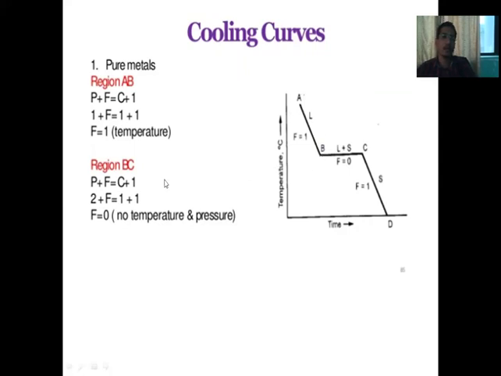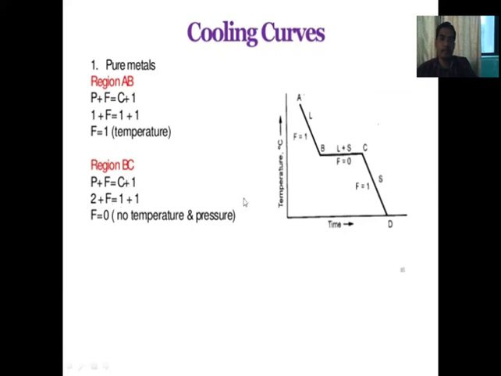Next, we go to region BC, where a liquid plus solid state is there. The number of phases existing in the system: liquid is one phase and solid is the second phase. It is a mixture of liquid and solid, so there are two phases. So P is equal to 2. Then F we are going to calculate.